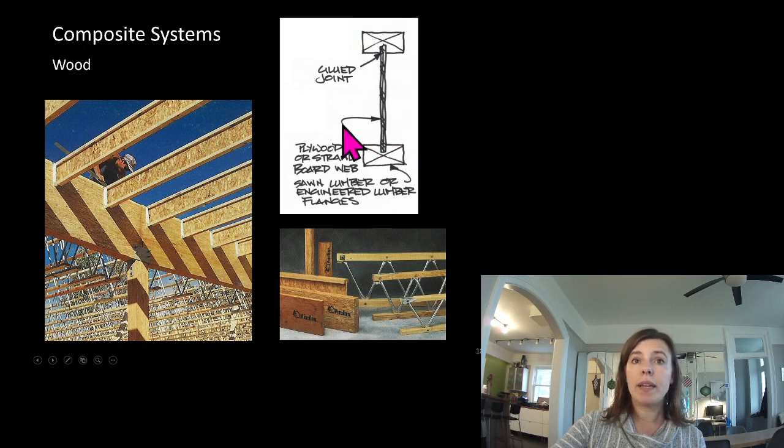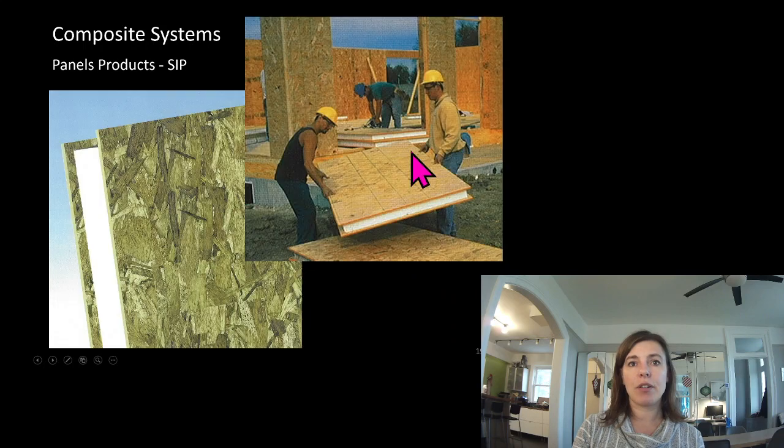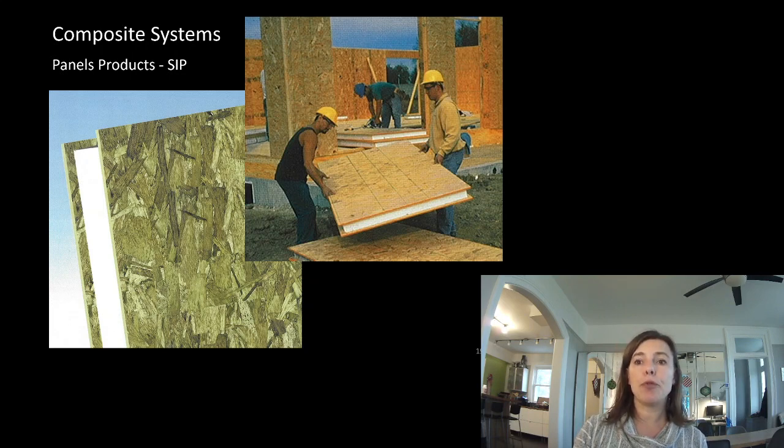It is one entire unit acting together. SIPs, or structural insulated panels. Not that common, but great for prefab construction where you have insulation built into your system. The insulation is glued to the top and bottom board, and instead of just two pieces of plywood, you've got two pieces of plywood with some depth in between them, increasing the effective strength of that system.